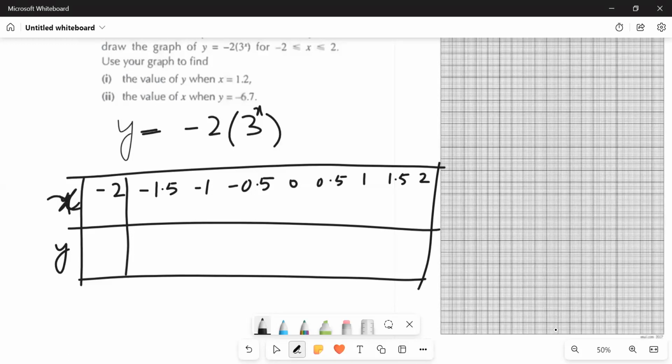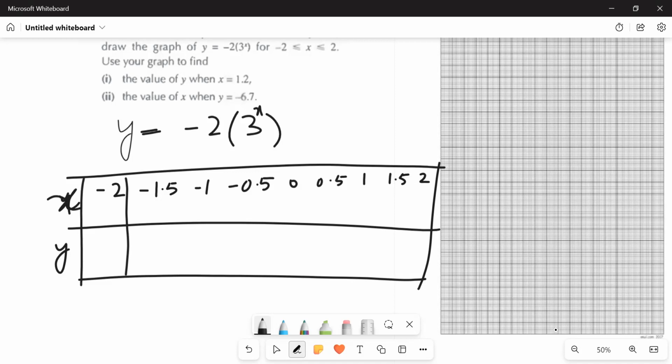Okay, we have 3x, 4, it is 2x, and this is 4x.